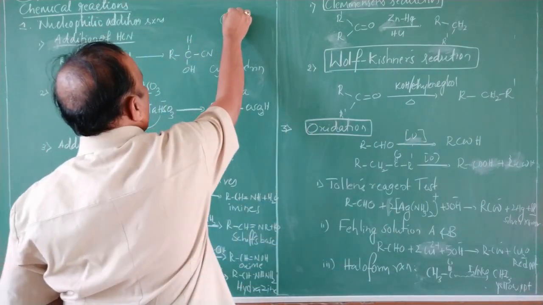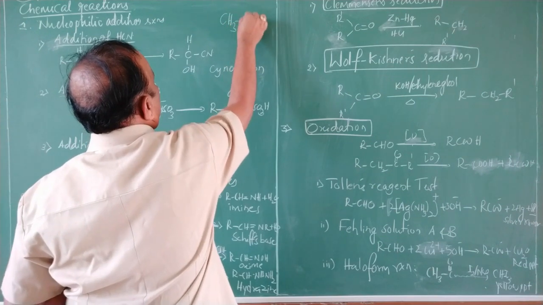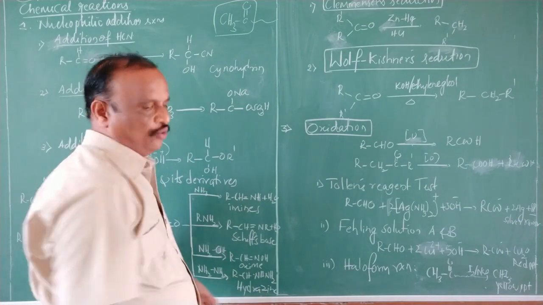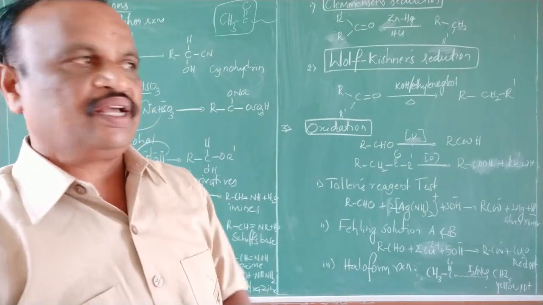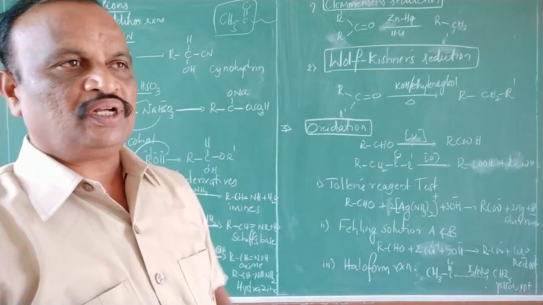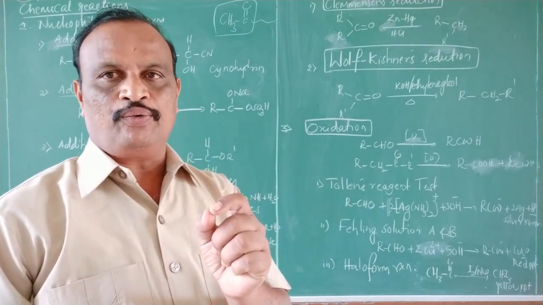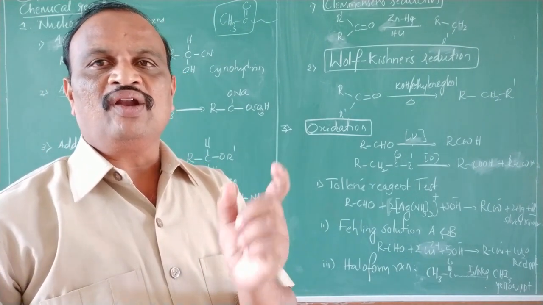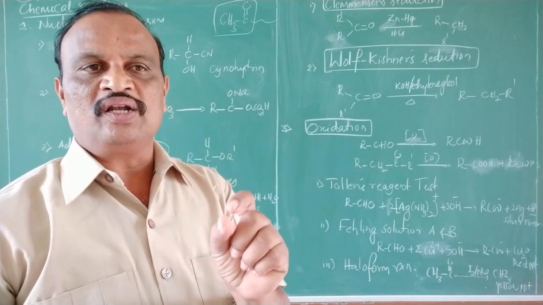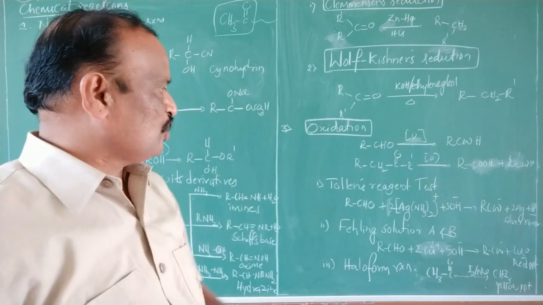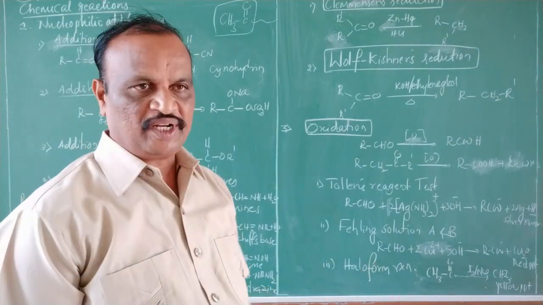The methyl ketone group is CH3, C double bond O. Acetaldehyde contains this group, acetone contains this group, all 2-ones will contain that group, and even the alcohols, all 2-ols, which on oxidation give 2-ones only. All those compounds will give the iodoform test.